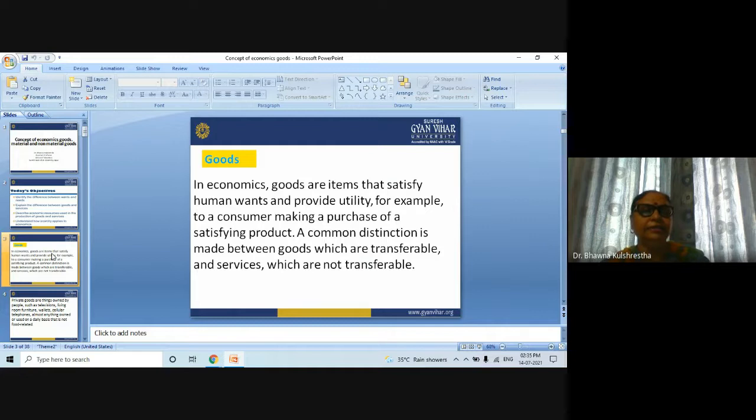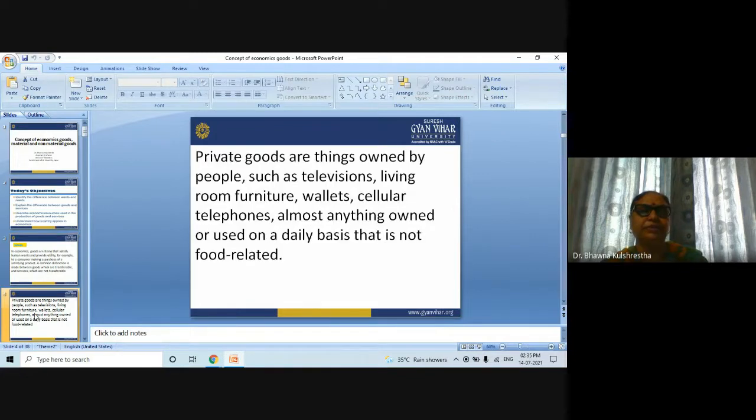Next, private goods are things owned by people, such as televisions, living room furniture, wallets, cellular telephones, almost everything owned or used on a daily basis that is not food related.